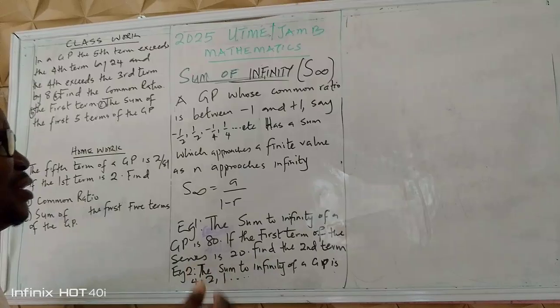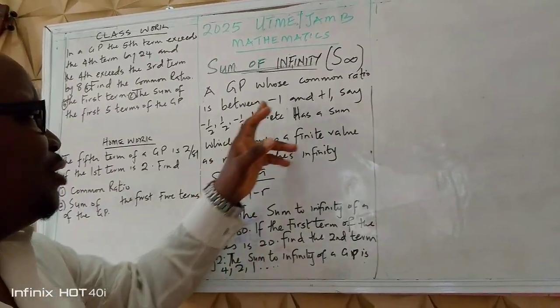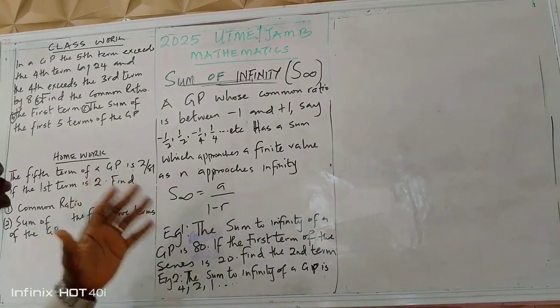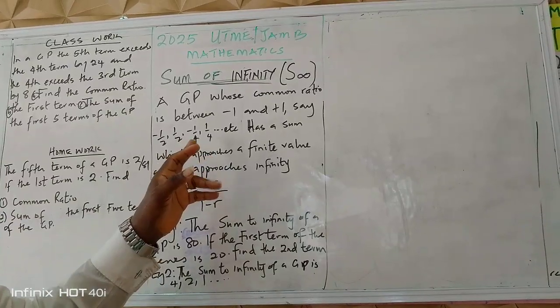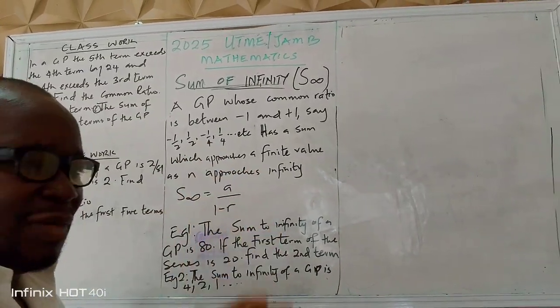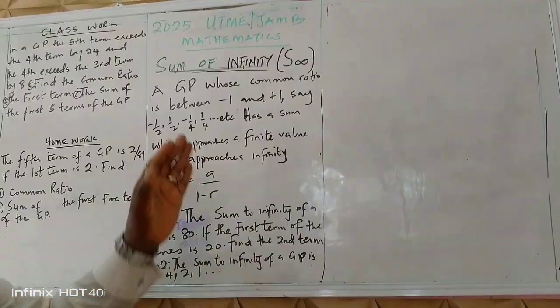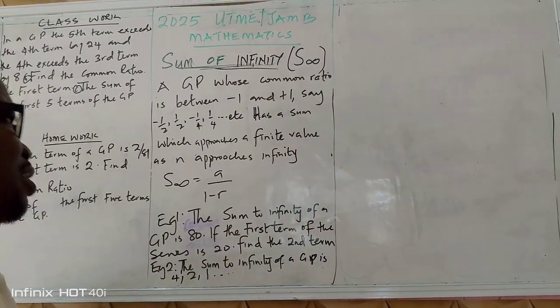In a GP whose common ratio is between -1 and +1, meaning within that range, maybe the common ratio is -1/2, -1/4, -1/8, or thereabouts, provided the range is between -1 and +1.